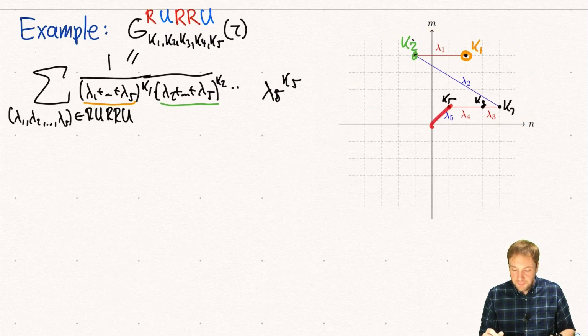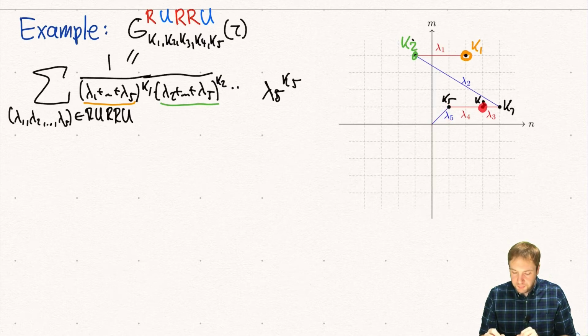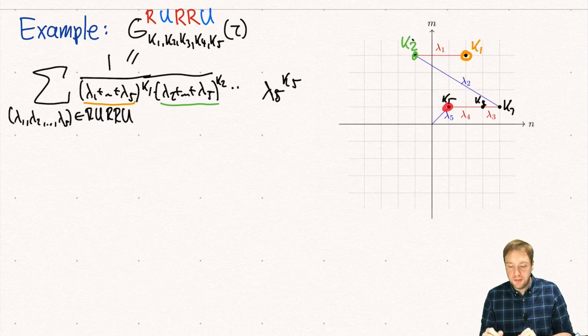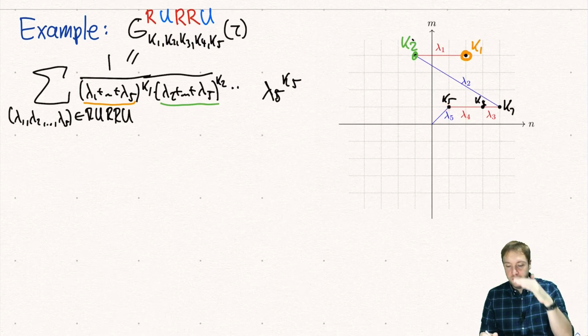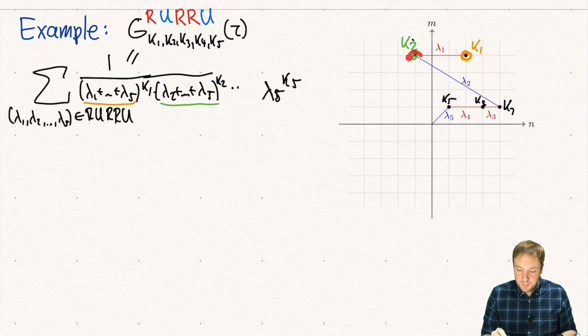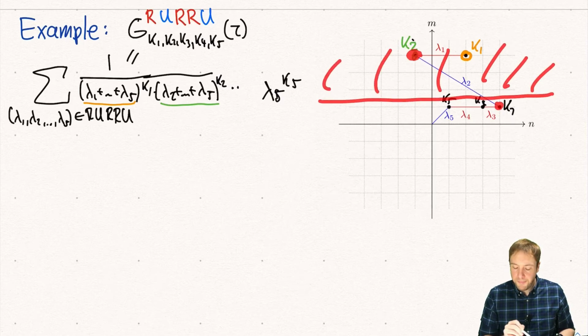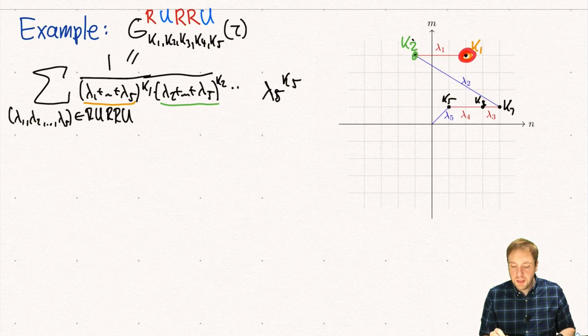K5 needs to be in the upper half plane because this lambda 5 is in U. Then this next lattice point needs to be on the right of this lattice point because lambda 4 is in R. And lambda 3 is also in R, and therefore this point here is also on the right of this. Because lambda 2 is in U, this point is now on top of this point, so it could be anywhere here, for example there. But then this point again needs to be exactly on the right of this because lambda 1 is in R.